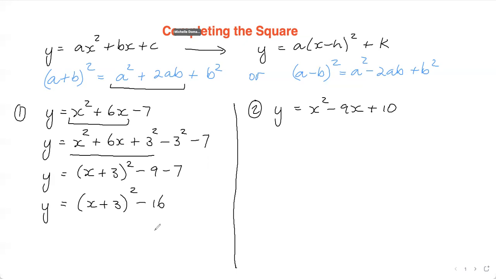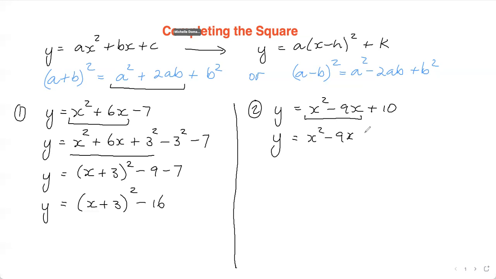Right. Now that one was relatively easy because we had an even number here. This one's a step harder because we've got an odd number. So let's see how this one pans out. Once again, we're just looking at the first two terms. We notice we've got a minus, so we know that we're using this to complete our square. So we're going to keep that as it is, then halve the 9.